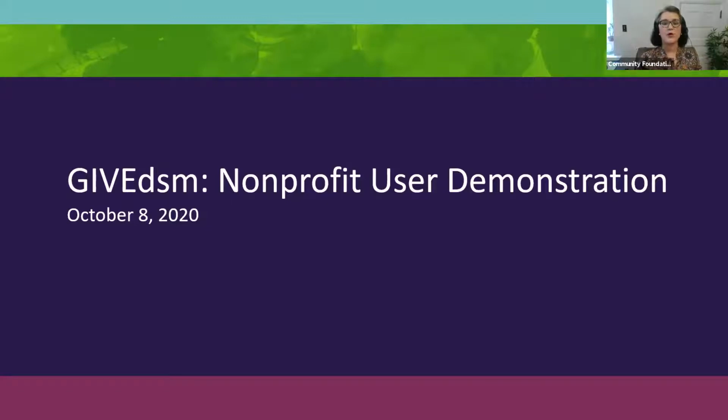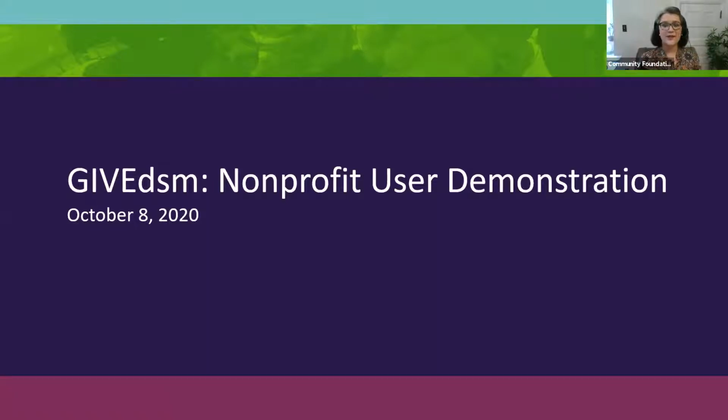And we know that there are so many funding needs in the community beyond what we can fund through our competitive grants. And so GiveDSM is really a solution to help nonprofits of any size in central Iowa post their funding needs and get them out to our fund holders, but also really the audience of the greater Des Moines community. And so we saw a lot of great success in encouraging organizations to post those needs.